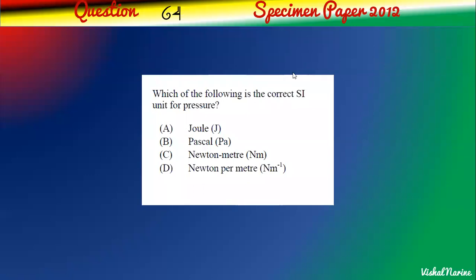All right, so yes, correct. It is Pascal. The SI unit for pressure is the Pascal. Newton meter is going to be moment. The joule is going to be for energy.